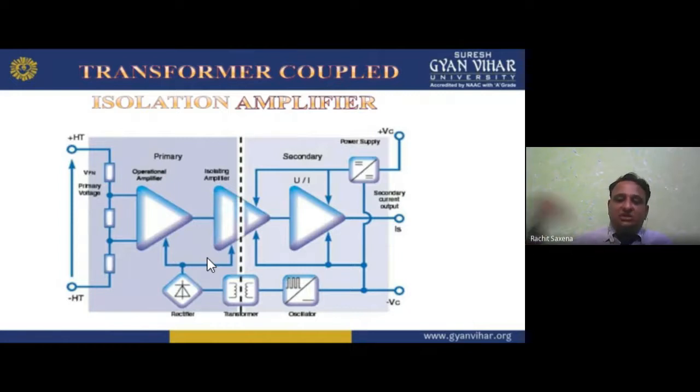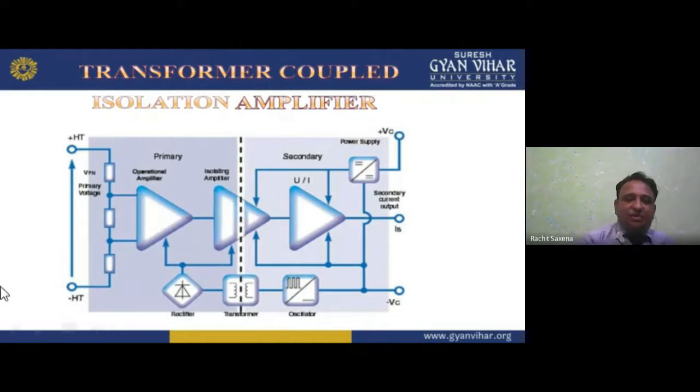If voltage is increasing, it is step up. If voltage is decreasing, it is step down. If current is decreasing, step up. If current is increasing, step down. So if voltage is increasing, current is decreasing. If voltage is decreasing, current is increasing. Inversely we can say.